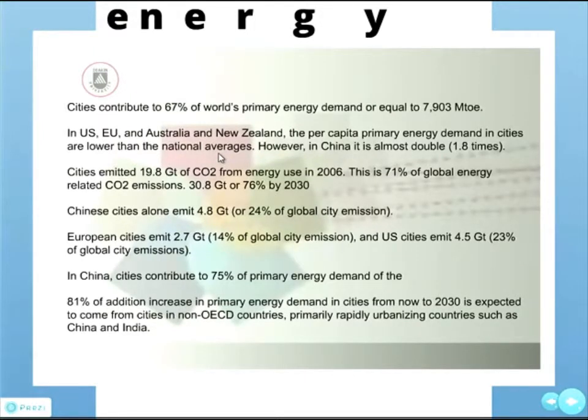Do you expect that? So what we are saying here is that cities are much more efficient in the Western world, including Australia and New Zealand, than in rural areas.